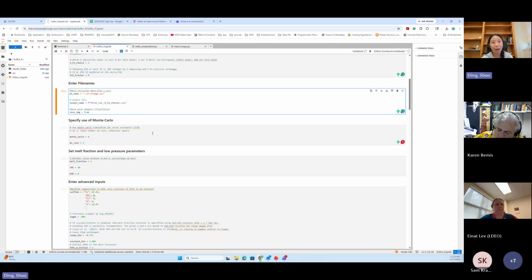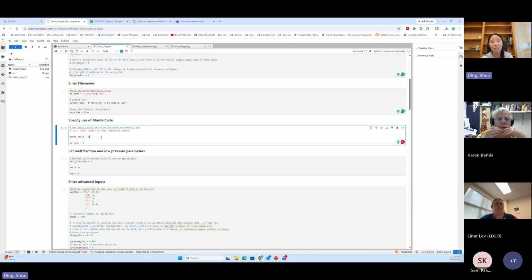Then it will output the multiple modeling results of all the Monte Carlo simulations, and also the average and the standard deviation. But I suggest this is for after you have modeled everything and everything looks satisfying, and that's when you turn it on.